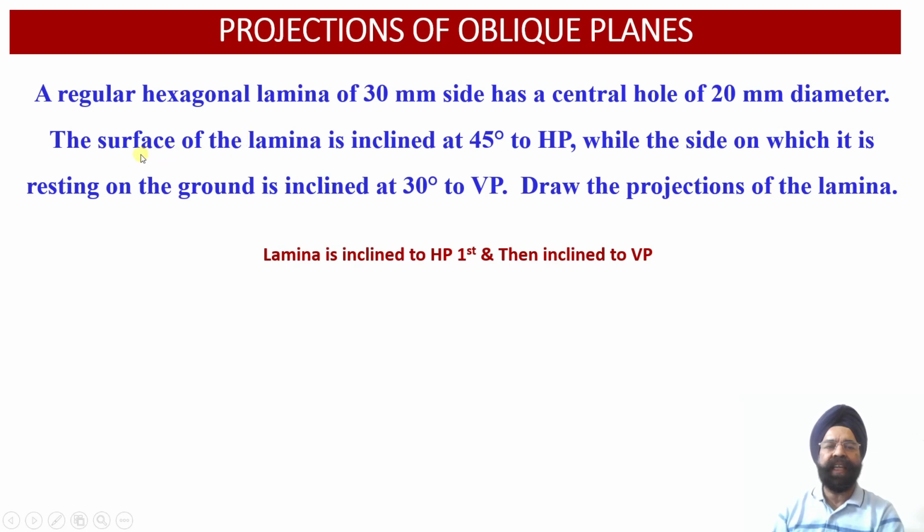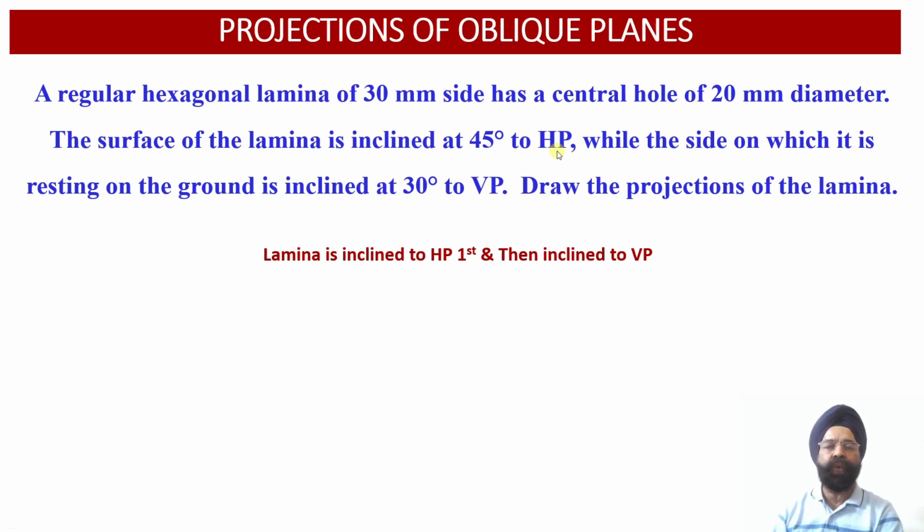The true shape of this hexagonal lamina will be obtained on the horizontal plane, that is in the top view projections, and these true shape projections will be drawn below the XY reference line.